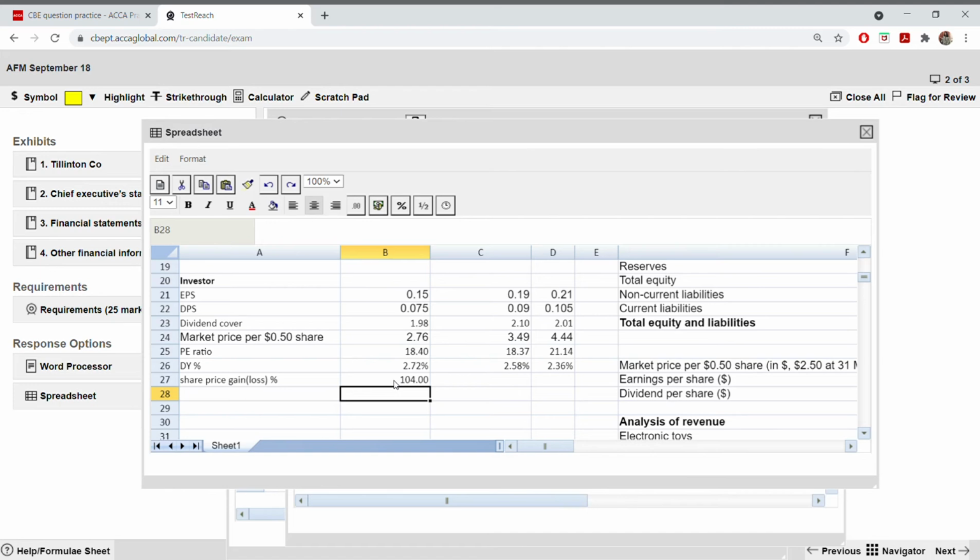Okay, this 104 is divided by 100. When you divide 104 by 100, it is 1.04. But here, okay, let's just drag this. No, it's not.